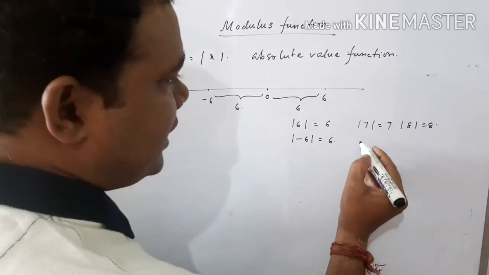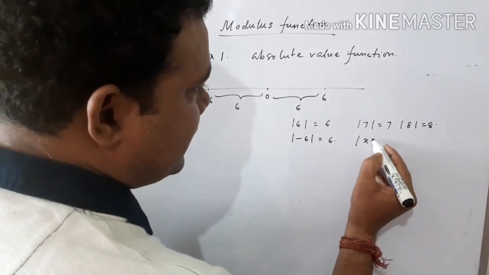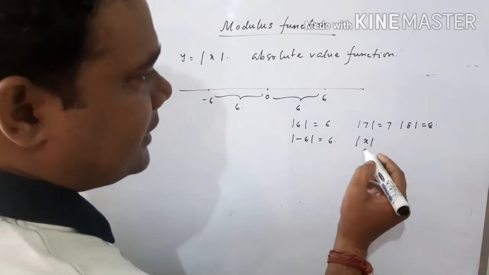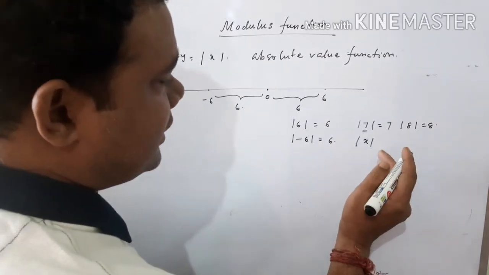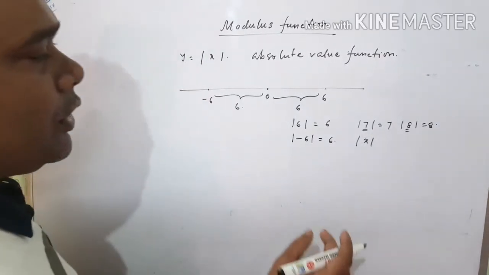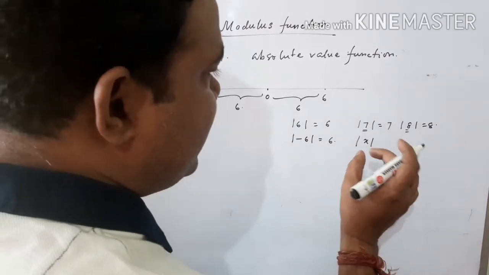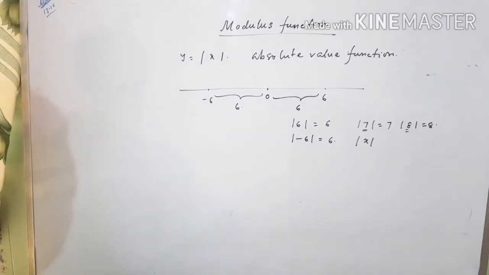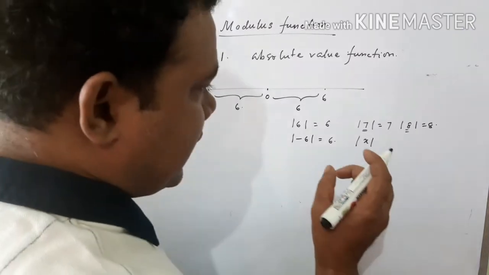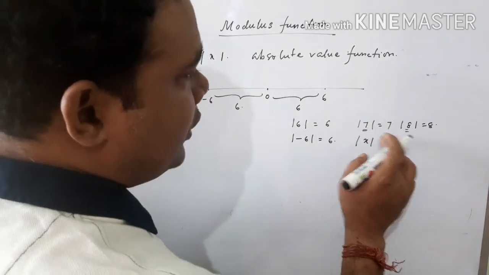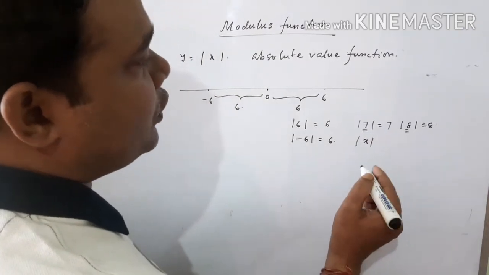So if any value inside the mod is greater than 0, see that 7 is greater than 0, 8 is greater than 0, or greater than or equal to 0, and we remove the mod, then there is no change.